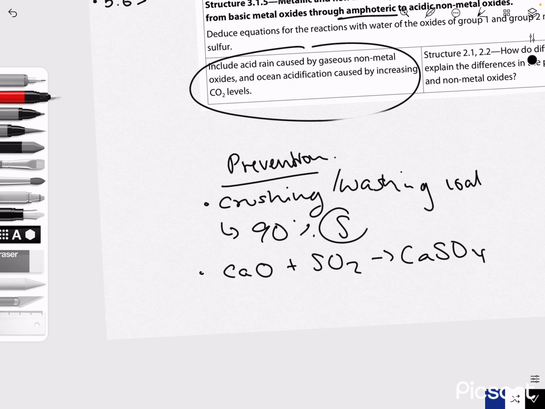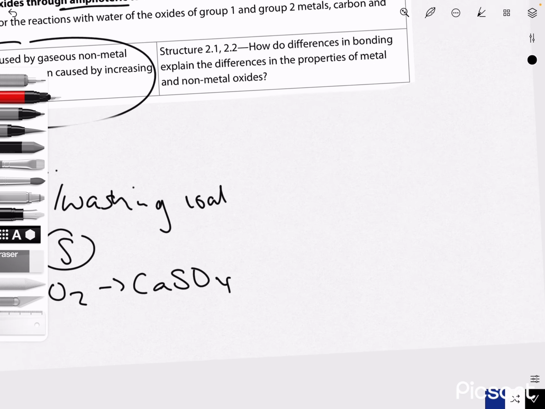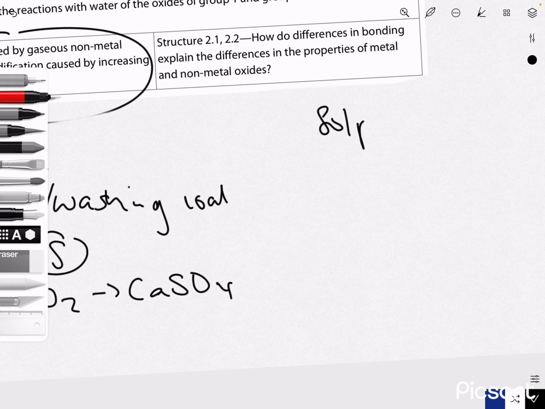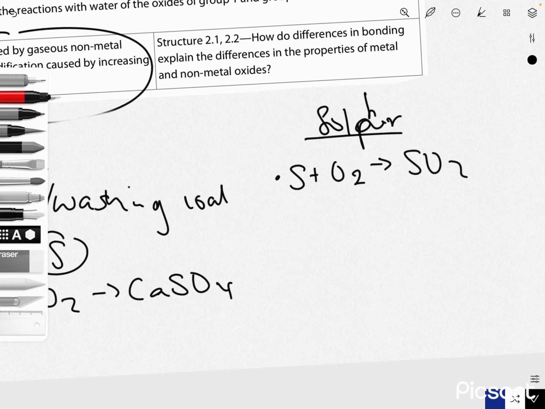Now, sulfur, why is sulfur bad? Let's look right into that. So, sulfur. When you burn sulfur, you're essentially just adding oxygen to it. That's what that looks like.